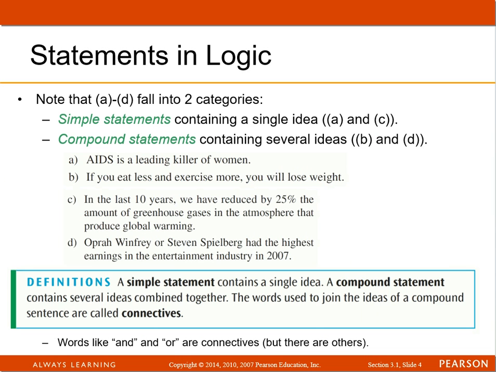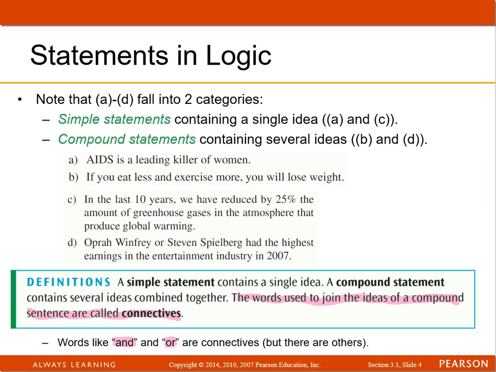And a compound statement will be connected. The words used to join these ideas of a compound sentence are called connectives. And they'll be words like and, or. There are other ones, but those are the main 2.